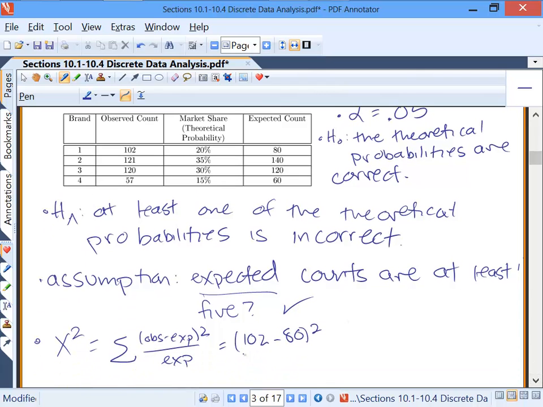And the part my students usually mess up the most is they will now divide this by 102, which is incorrect because I'm supposed to divide by the expected value, which is 80. Plus the next one, 121 minus 140, squared over 140, plus the next one of 120 minus 120 squared over 120. And the last one is 57 as my observed, minus my expected of 60, squared, make sure you divide it by the expected of 60.